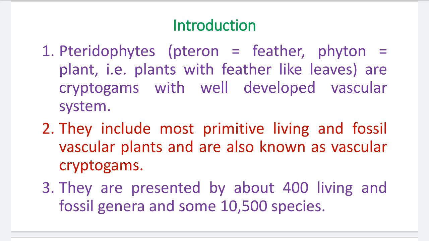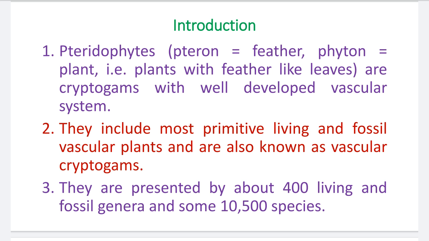So internally the pteridophytes are advanced than algae, fungi, lichens and bryophytes. Point second, they include most primitive living and fossil vascular plants and are also known as vascular cryptogams. And this Pteridophyta group is nothing but the union of living members as well as the fossil members.